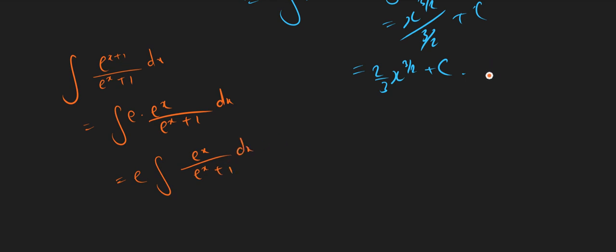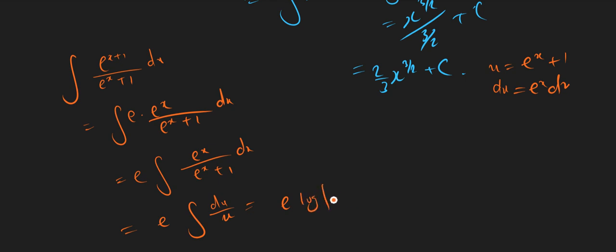Of course, you can take u to be e to the x plus 1, where du would be e to the x dx. In that case this will equal e multiplied by the integral of du over u, which is e times the logarithm of u plus c.